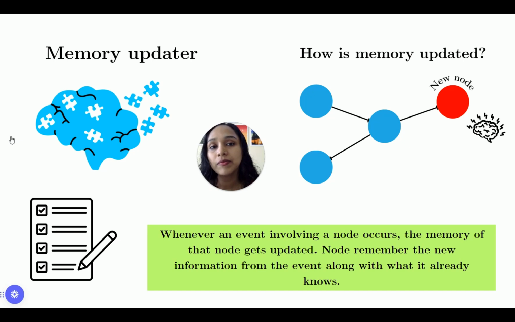By using this memory updater module, we can capture the long-term dependencies of this node which evolves over time. Whenever a new event happens, the node now remembers the new information along with the previous information.